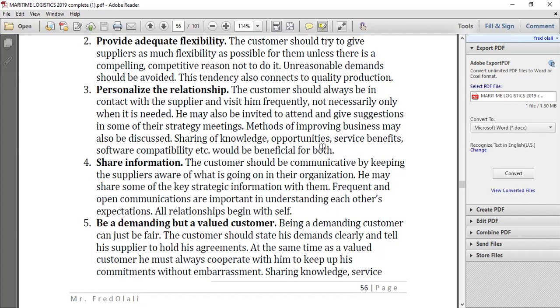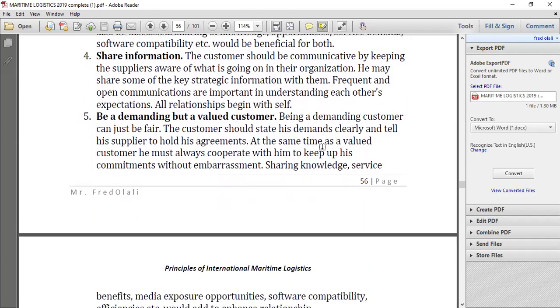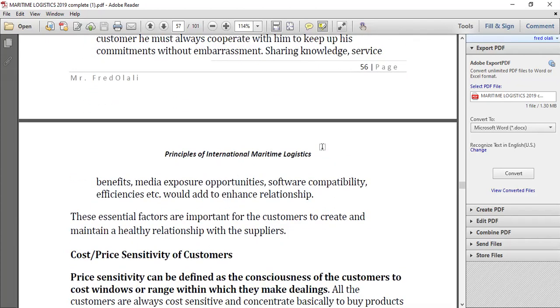At the same time, as a valued customer, you must always cooperate with him to keep his commitment without embarrassment. So sharing knowledge, service benefits, media exposure, opportunities, software compatibilities, and efficiencies would add to and enhance the relationship.